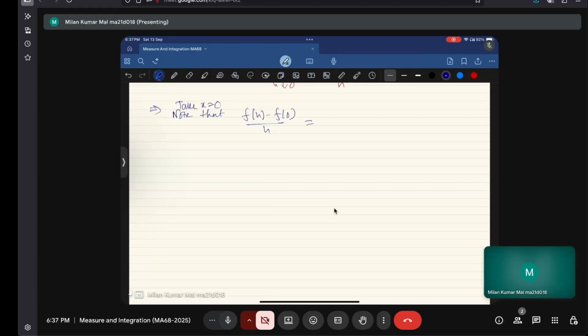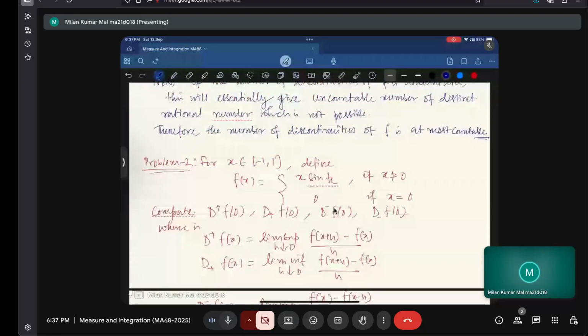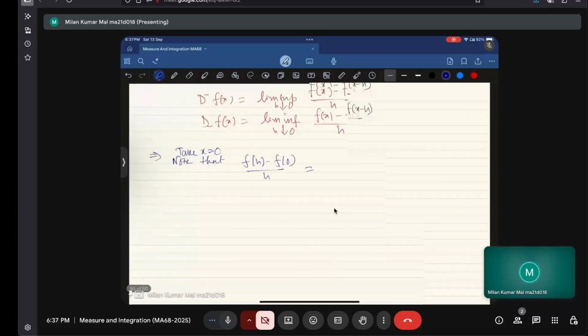Note that f is defined as x sin 1 by x if x is not equal to 0, and 0 if x equals 0, but as h is positive, f of h is positive.